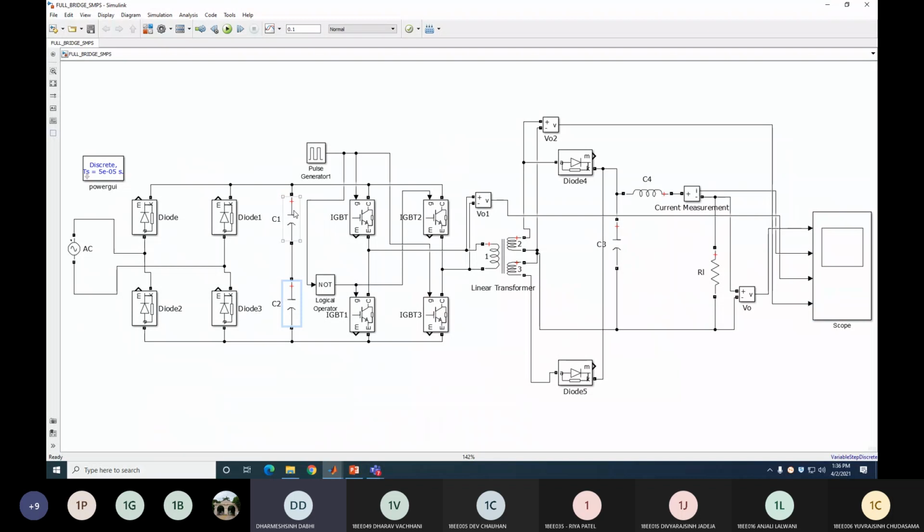It means whenever the supply is given from here, IGBT 1 and 2 are on, the full supply voltage VS, meaning both capacitor voltages, comes across this primary winding. Let's say here is the positive terminal. So current flows from capacitor C1 through IGBT1, the primary winding of the transformer, IGBT3 and then to the negative. So the primary winding comes across the supply voltage VS.